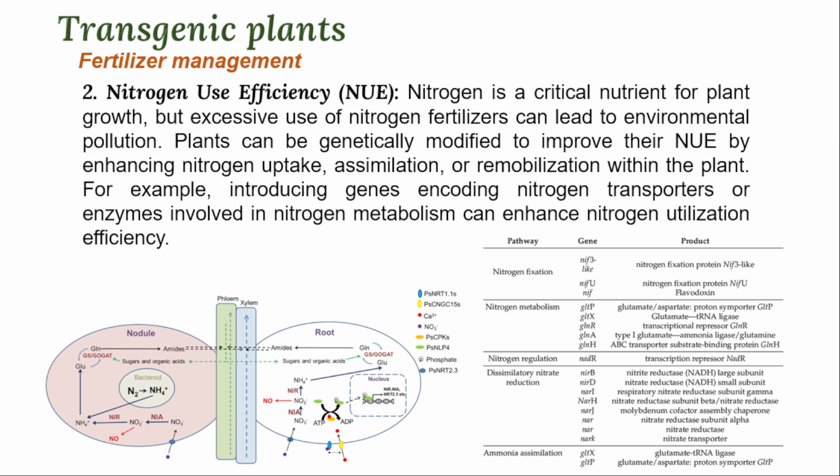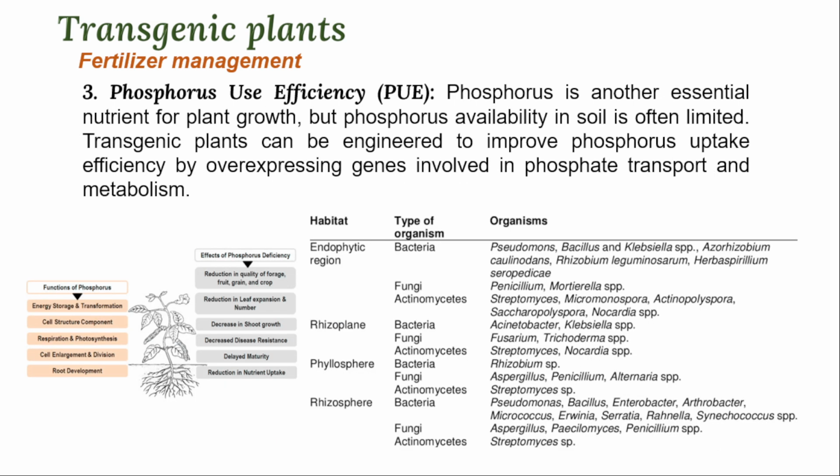Those genes from different bacteria will be combined in a single plant, so that the genetically modified plant can take up nitrogen from the atmosphere effectively with different genes here. These are the genes mentioned that fix the atmospheric nitrogen. We'll take them into a single plant, so that nitrogen fixation happens effectively. Along with nitrogen, we need to have NPK, right?